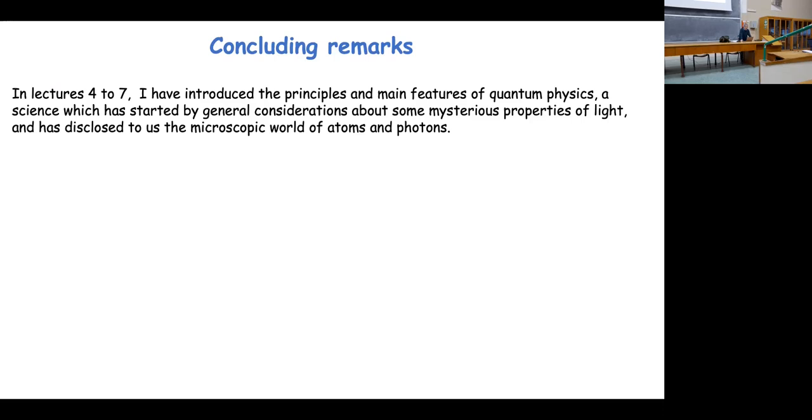And I remind you that all this science started with general considerations about some mysterious properties of light. It has disclosed to us a microscopic world of atoms and photons, a huge world of quantum systems, which evolve in a very big Hilbert space with very strange and very powerful properties.